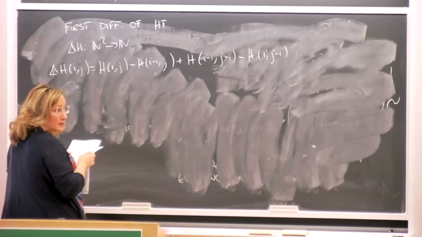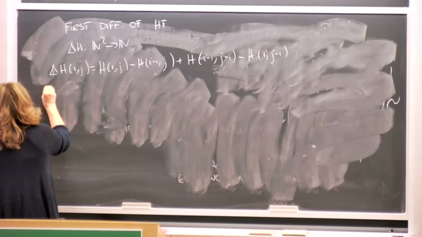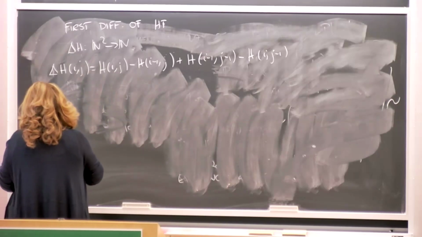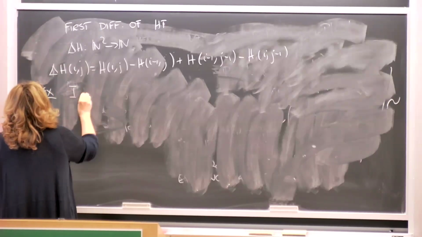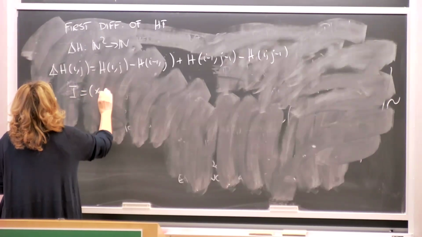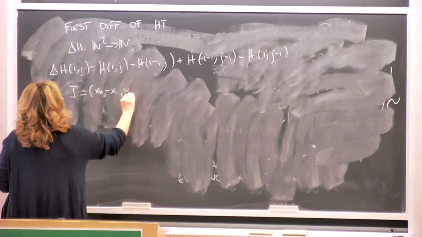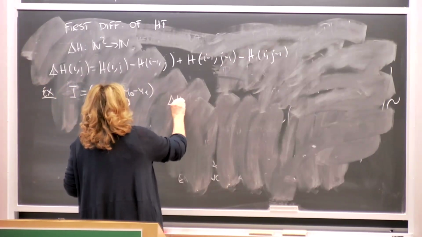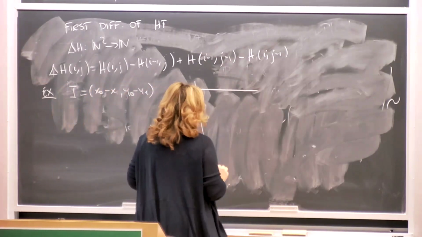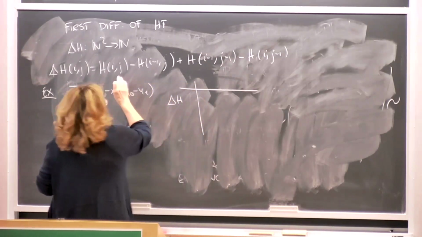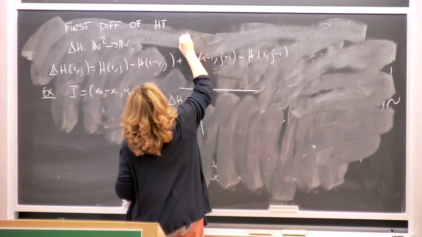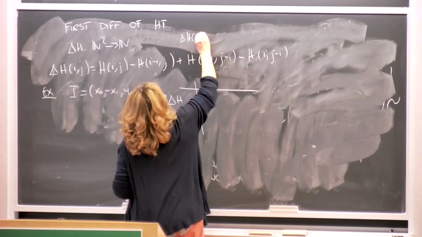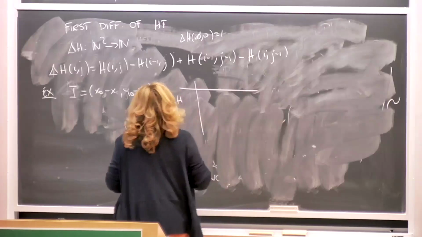I don't have enough time to go through it all. So if we take the first example, where my ideal was x0 minus x1, y0 minus y1, and we want to compute the first difference of the Hilbert function, I want to say that delta h in degree 0, 0 is 1, okay?